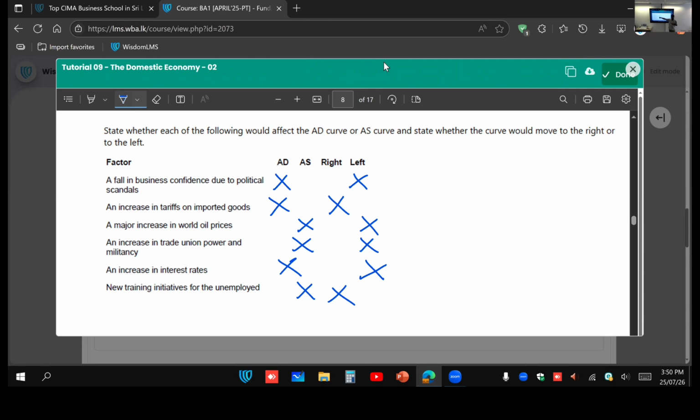Aggregate demand. By putting a tariff on imported goods, simply think the demand would be affected. Why? People will not buy. Imagine you having shoes locally prepared and imported shoes. Price of the imported shoes rise. So that will definitely affect the demand. So the aggregate demand. And then what will happen? Whether that will move to right or left?